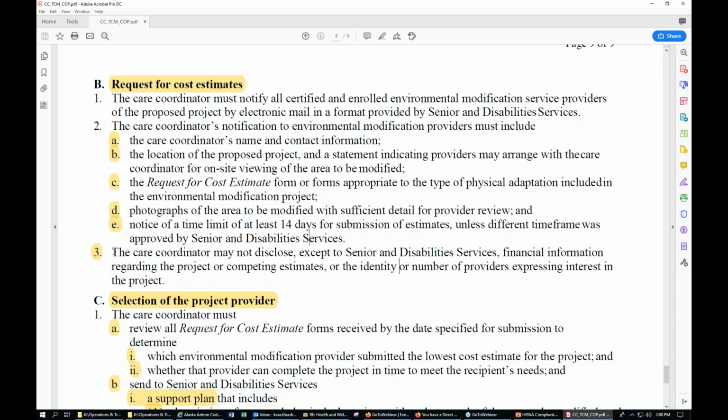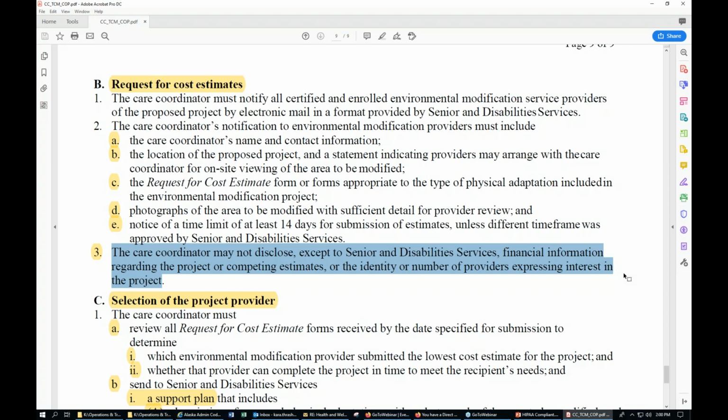Now the last one, number 3, the care coordinator may not disclose, except to SDS, financial information regarding the project or competing estimates, or the identity or number of providers expressing interest in the project. So to do this, what you will need to do is use DSM to send a separate email to each provider.